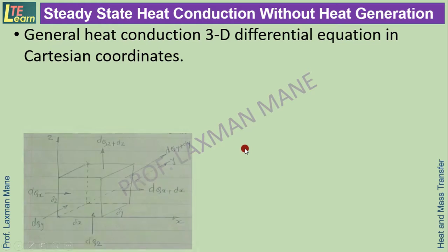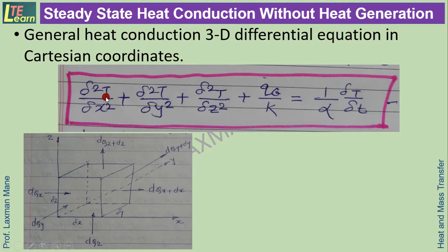General heat conduction, three-dimensional differential equation in Cartesian coordinates, that we have seen in the last video: del square T by del x square plus del square T by del y square plus del square T by del z square plus q upon k is equal to 1 upon alpha into del T by del t.